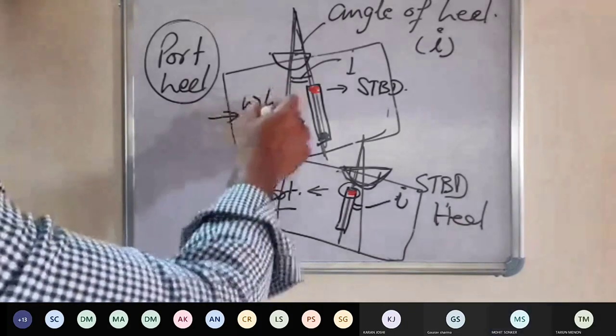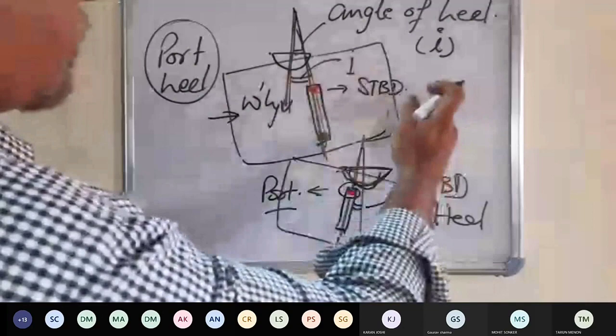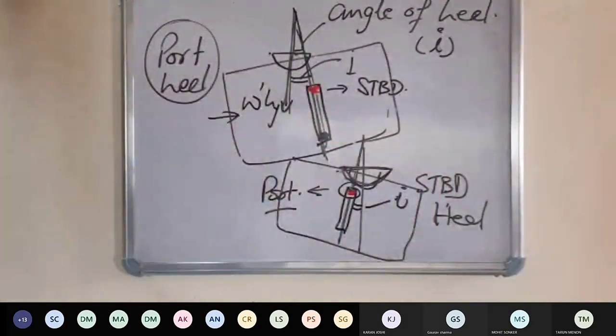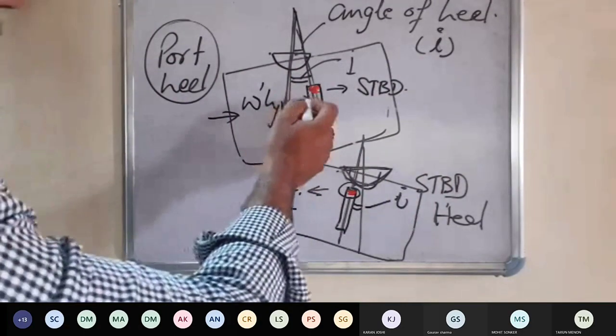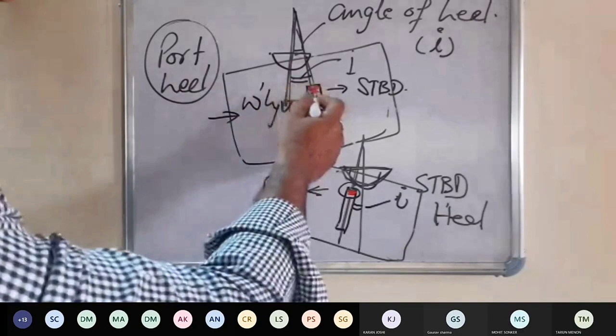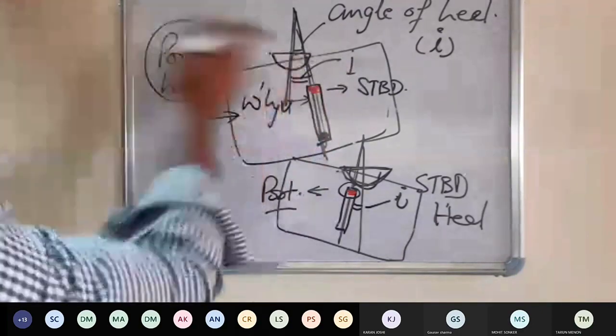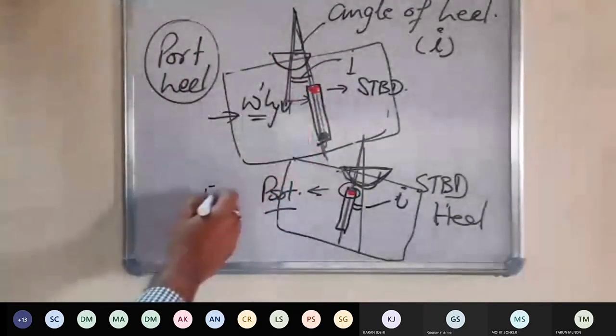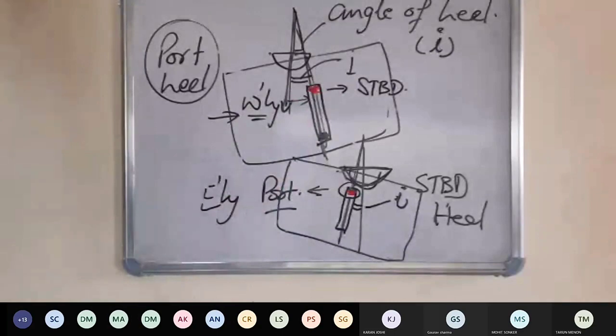This will cause westerly deviation because it has gone to this side. So the front end will be pushed to the other side. If blue end, it will attract here, which is the aft end of the compass. If red end, then it will push the red end to the western side. So westerly deviation, this is going to cause. This, of course, is going to cause easterly deviation.